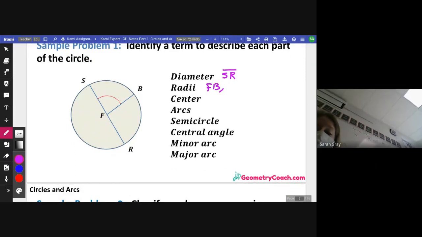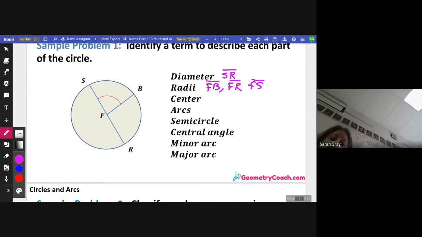FB, FR, and FS, and they all get the same symbol. They're all segments, a little straight line above it. What is the center of our circle? F, yes. No symbol because it's just a point.